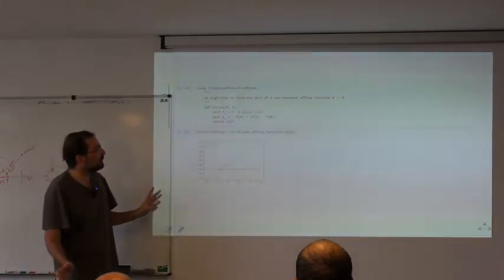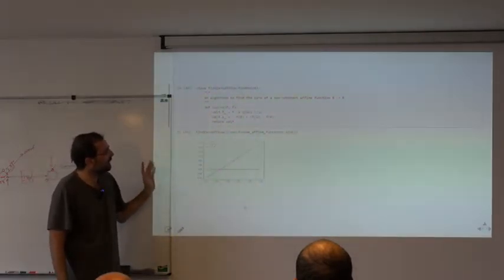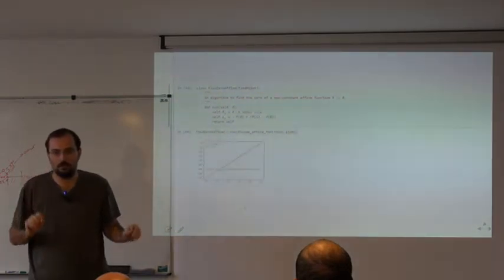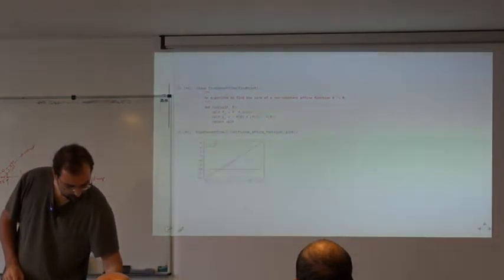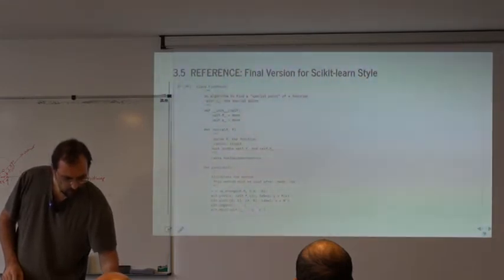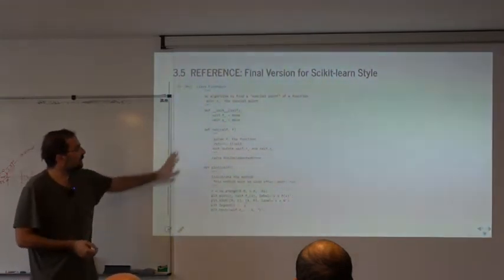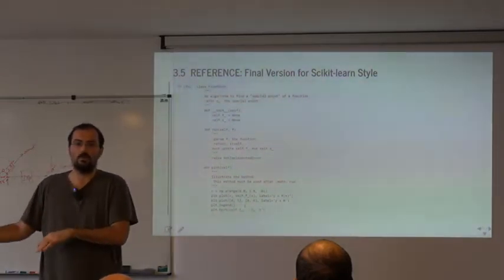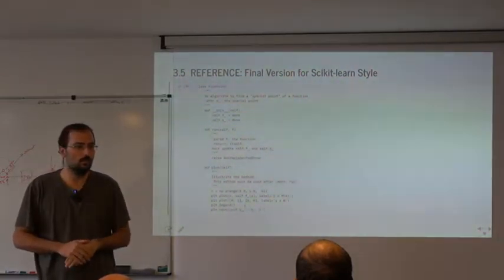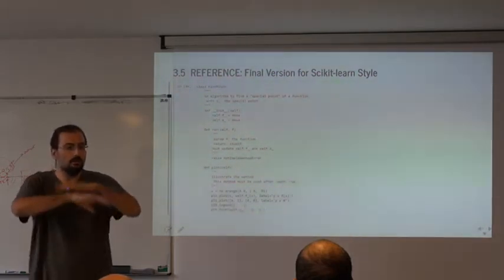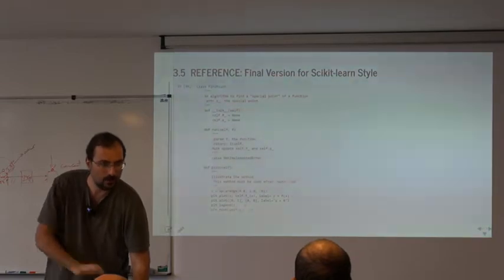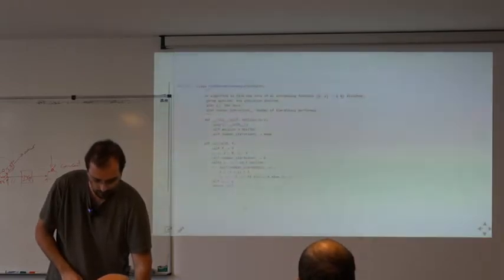What is interesting, of course, is that it's just defined in the mother class, and I don't need to define it in the subclasses. I have put this here only for reference, because of course the notebook is available after the talk. So if you want the full version of everything in Scikit-learn style, it's in this fifth subsection.